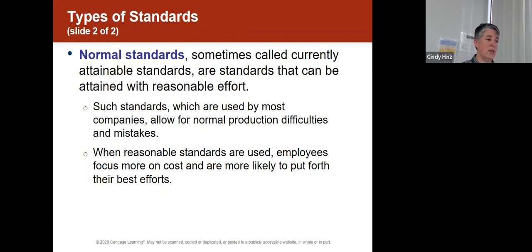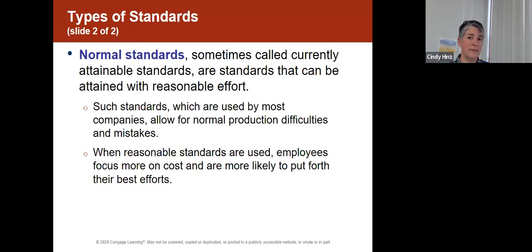What we are going to be using is normal standards. And this lines up with what, in the concept of capacity, we refer to as practical capacity. This is something we can do. Most of the time, it might be something that we're not currently achieving, but it's something to strive for.